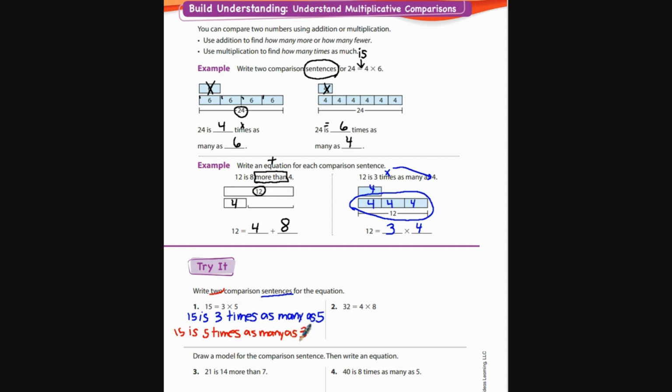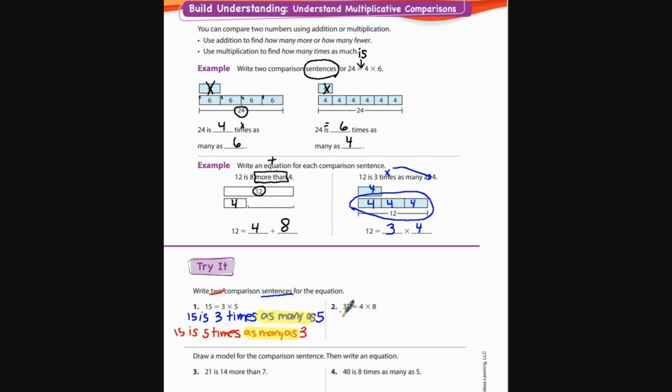Correct. 5 times as many as 3. That's it. You say it, you write it like you say it. Except just don't forget to include these 3 little words: as many as. Instead of just saying 3 times 5, it's 3 times as many as 5.